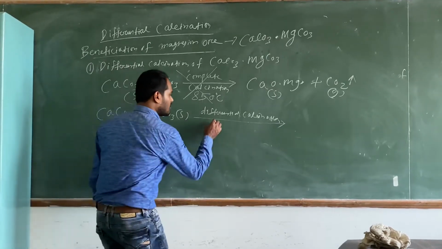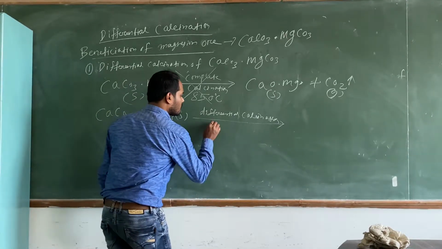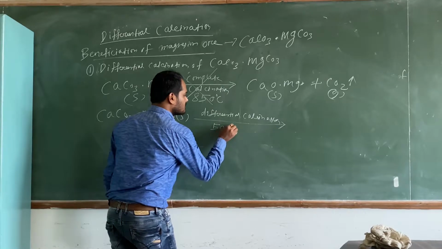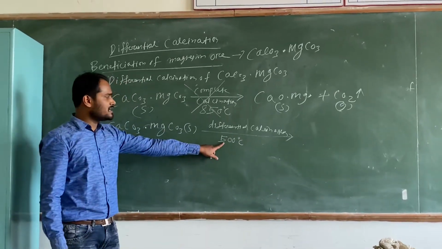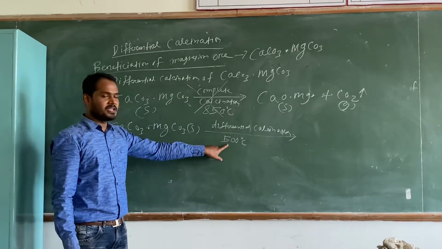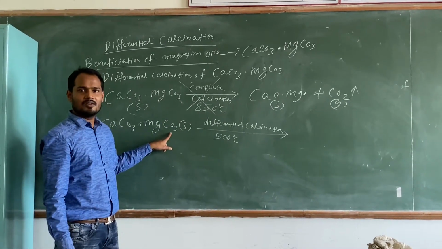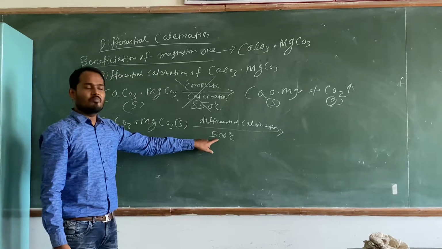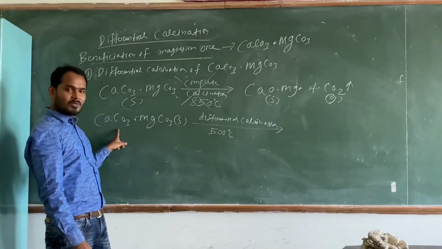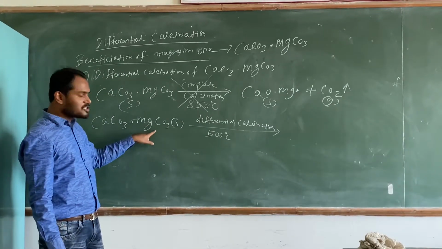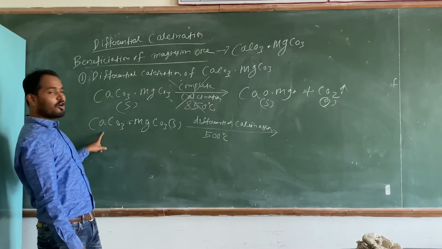Suppose I choose a temperature of 500 degrees centigrade. This 500 degrees centigrade is above the decomposition temperature of magnesium carbonate, but below the decomposition temperature of calcium carbonate. So this will undergo decomposition, but this will not.